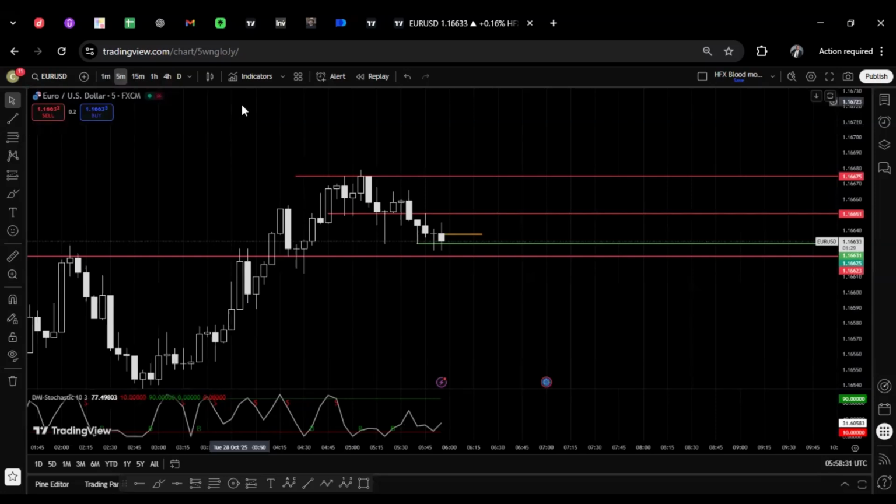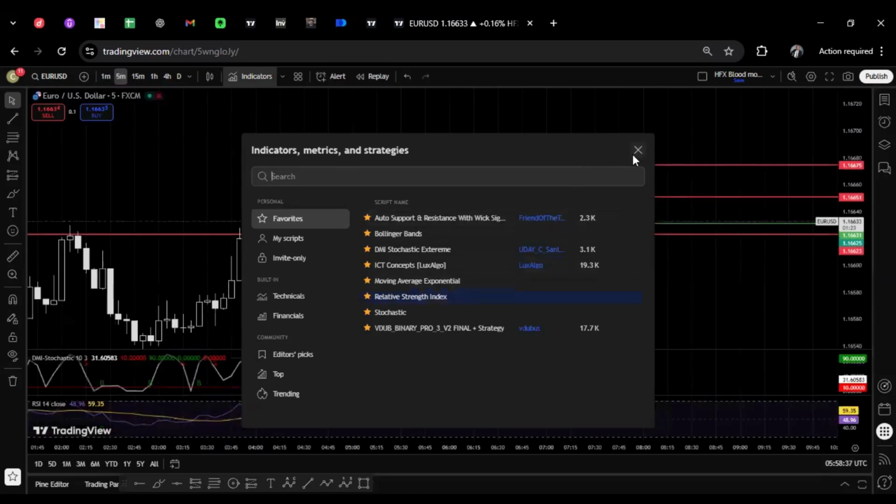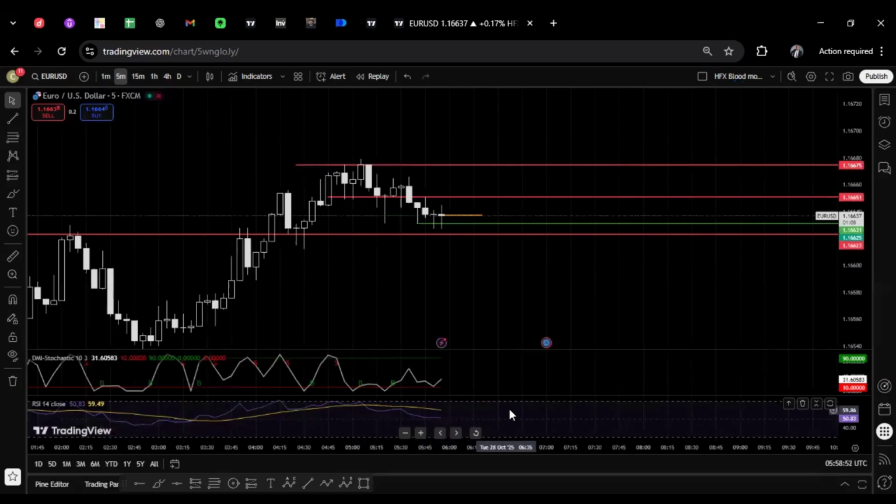There's another one, RSI, relative strength index. I think it's stochastic RSI.